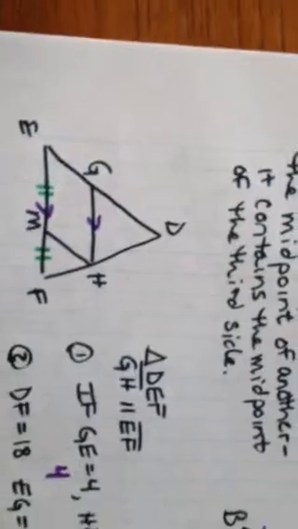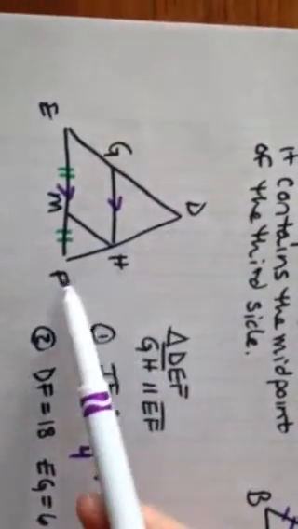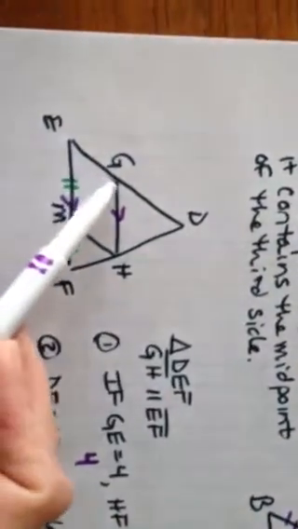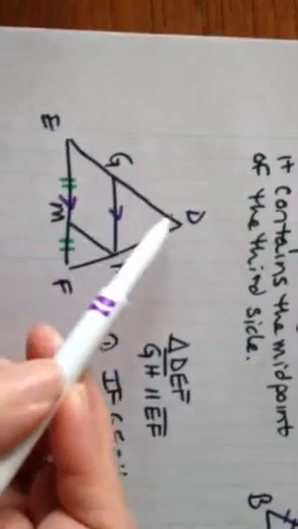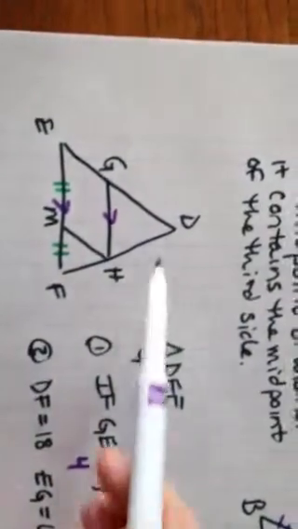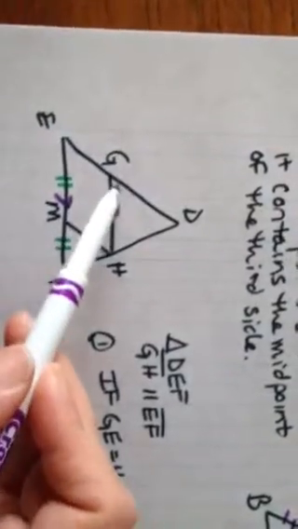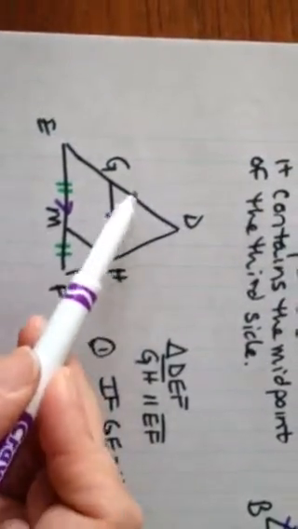All right, let's try another one. If DF is 18, this whole piece is 18. EG is 6. DG is 6. What is DH? Okay, this is 6. This is 6.